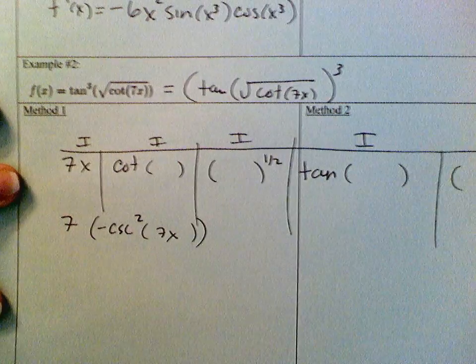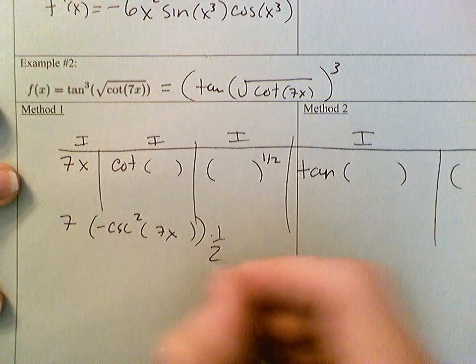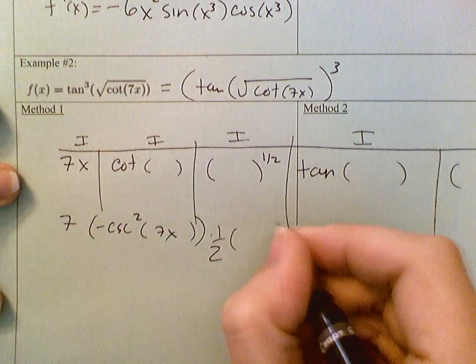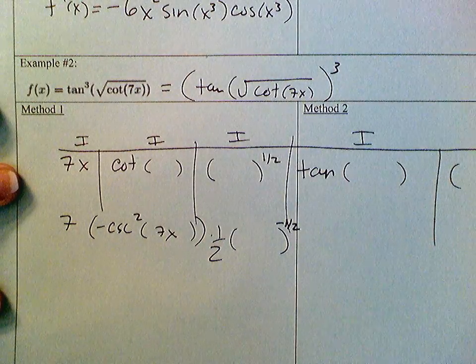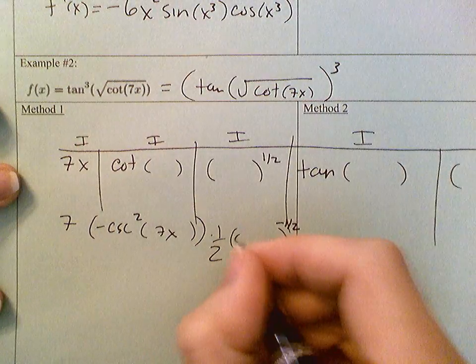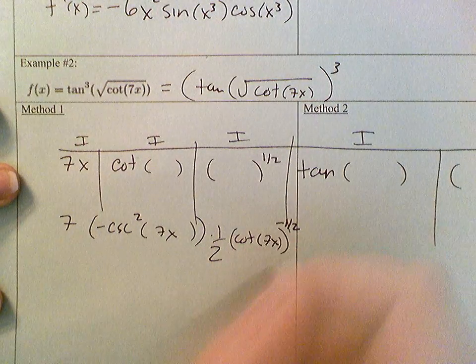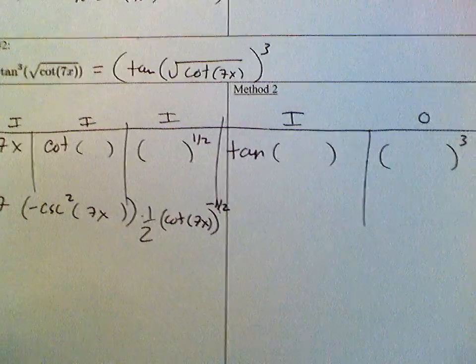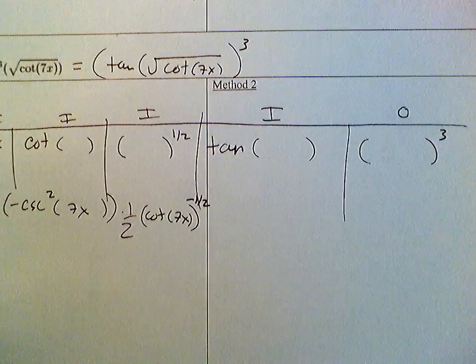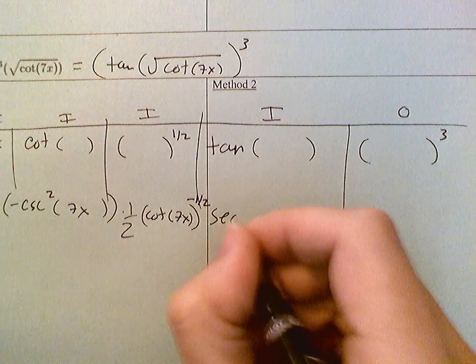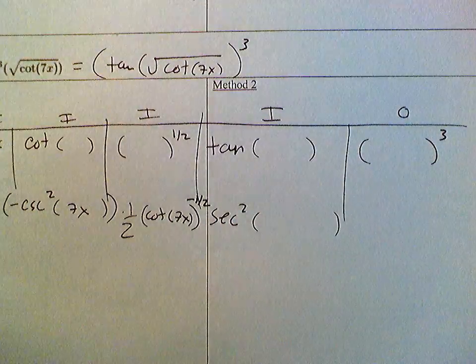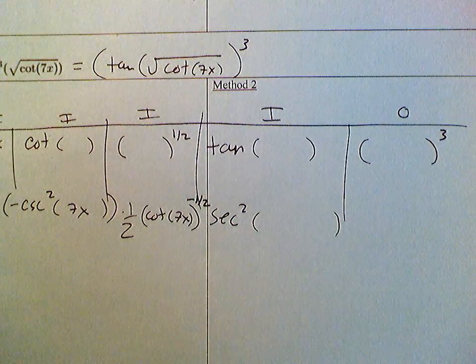Derivative of blank to the 1/2, I'm using power rule, so this is 1/2 blank to the negative 1/2, and back in the blank goes cotangent 7x. Derivative of tangent is secant squared of blank. Back in the blank goes all that other stuff.